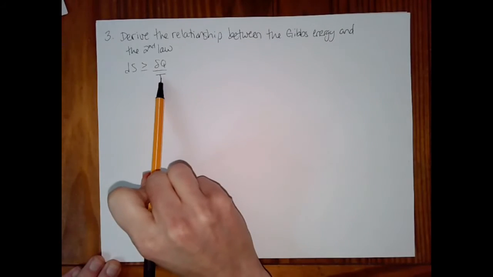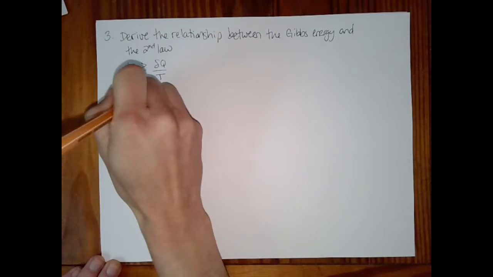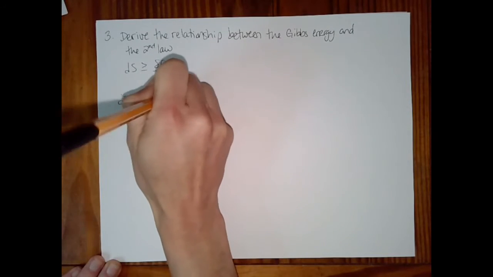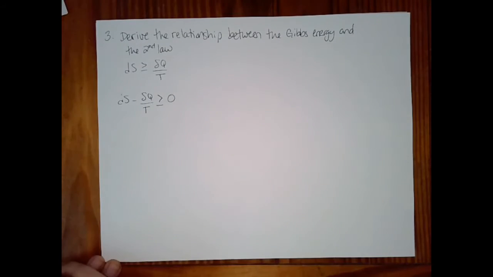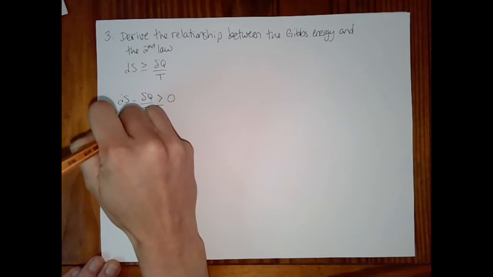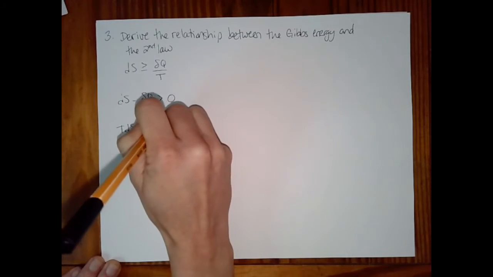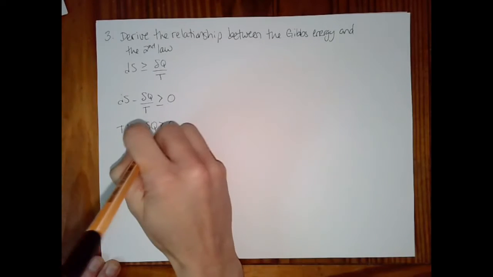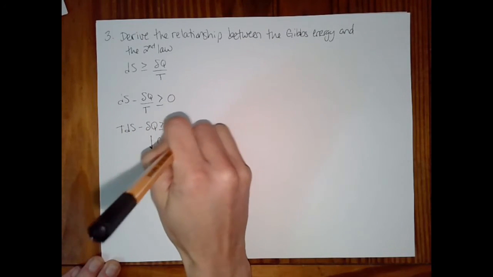So the first thing I'm going to do is move this term to the other side of the equation, and I'm going to multiply through by T. So far I've assumed nothing, just done some math. And the last step, though, I am going to assume a constant pressure system.